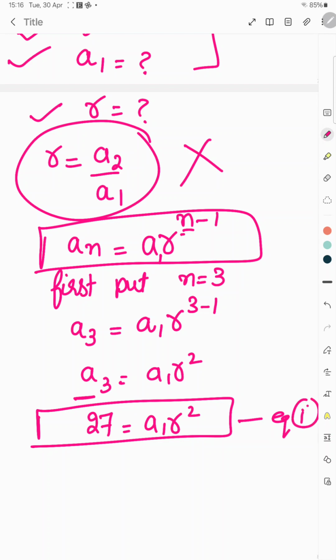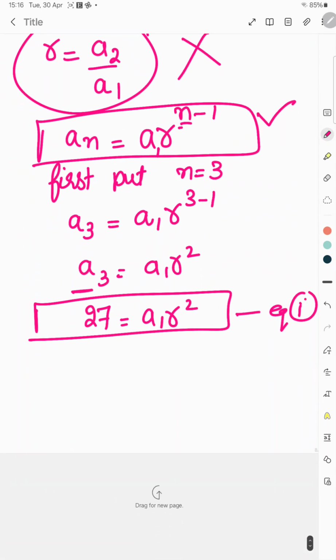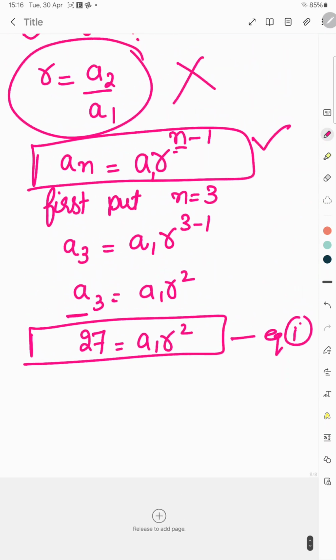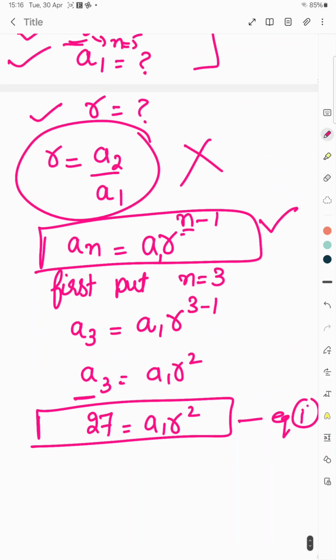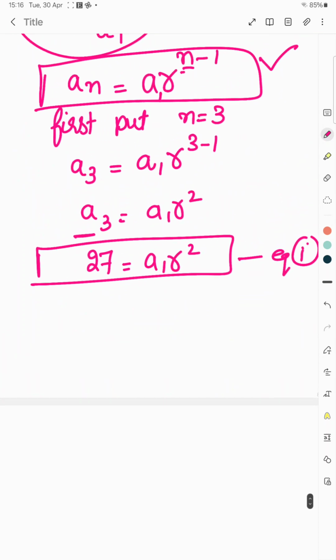Okay student. Now again a5 is given. It means that here n is equal to 5. So I will again put n is equal to 5 in this formula. In the formula an is a1 r^(n minus 1), instead of writing n I will write 5, a1 r^(5 minus 1).